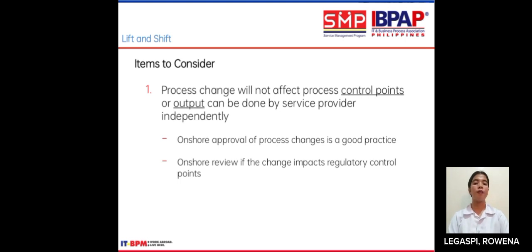However, if the process change impacts regulatory control points, an onshore review becomes necessary. Regulatory control points refer to aspects of the process that are subject to legal or regulatory requirements or compliance obligations. In such cases, an onshore review is important to ensure that the process changes align with the applicable regulatory guidelines and obligations.